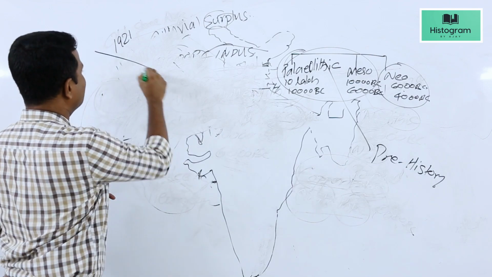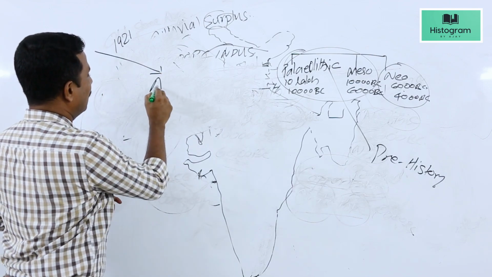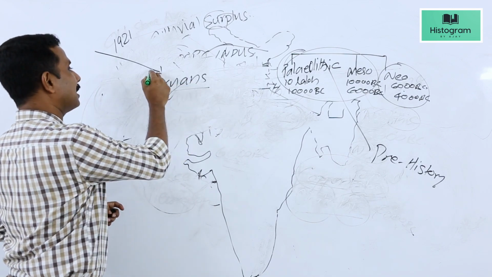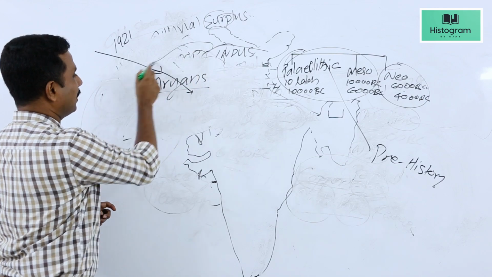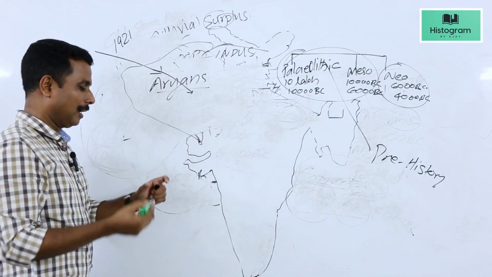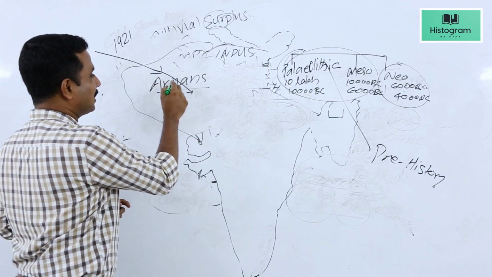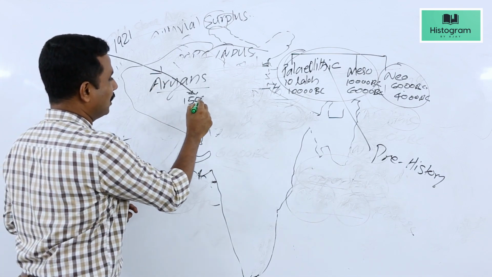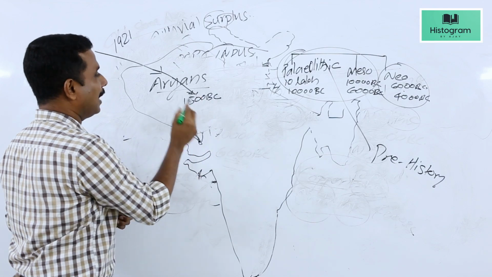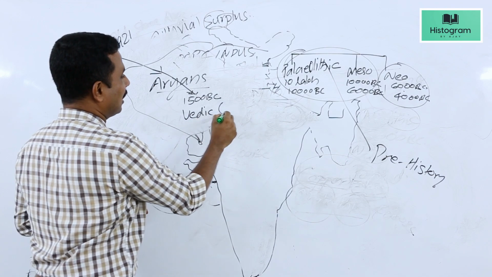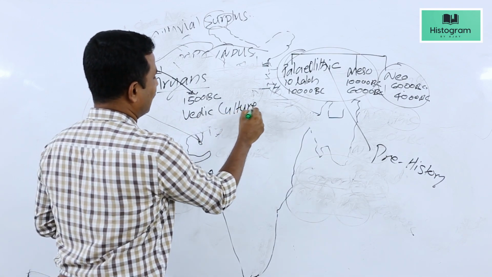So by 1500 BC, the Harappan civilization or Indus Valley civilization declined. It was at this time that a new group of people called Aryans started arriving in the same area where the Indus Valley people had been living. So the Aryans started living here by 1500 BC, and these Aryans gave birth to Vedic culture.